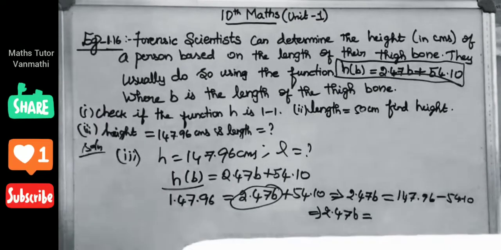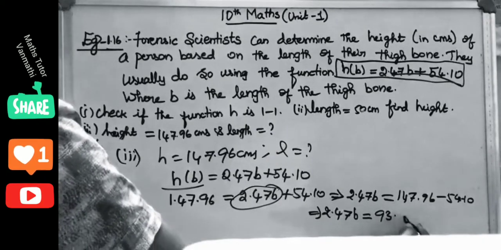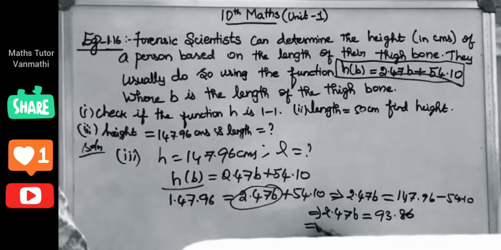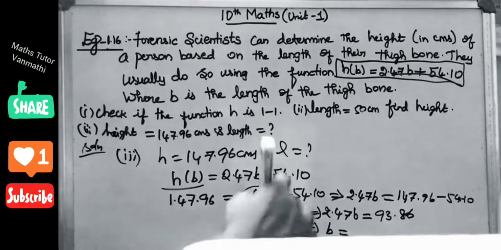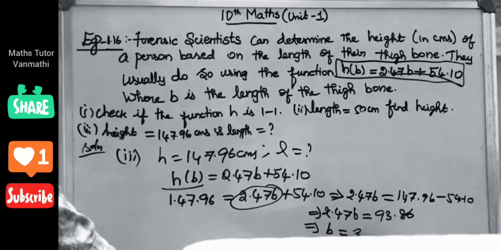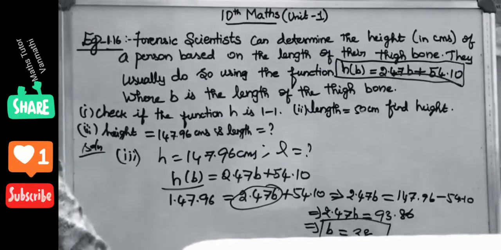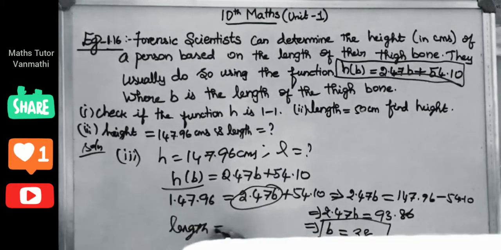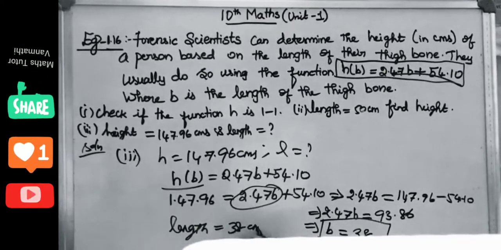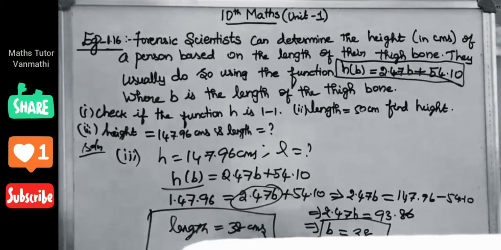When you subtract these two, you will get 93.86. From this we find the b value. Taking this side, you get division. After cancelling, b is equal to 38. Then what is this b? Length. So length is equal to 38 centimeters. This is your third subdivision answer.